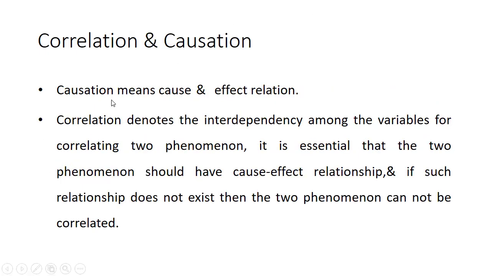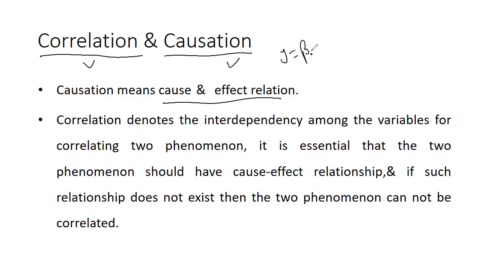Now here there are two terms, correlation and causation. Correlation tells us the association between the two variables, and causation tells us the cause and effect relationship, like in a simple regression analysis.